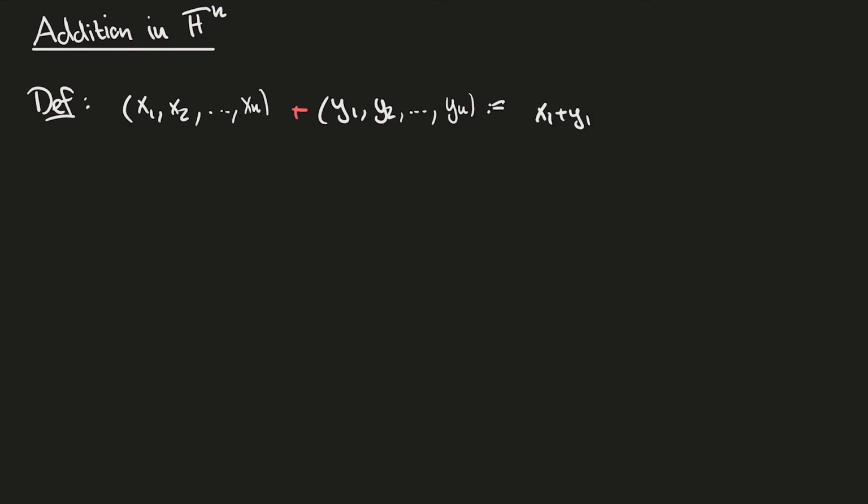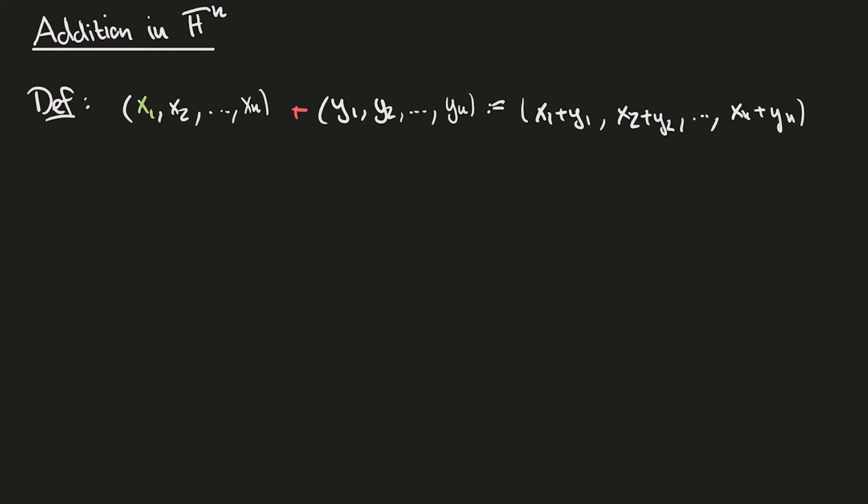This brings us to addition in F^n. So given two elements in F^n, so (x1, x2, up to xn) and (y1, y2, and so on up to yn), we can define their sum to be (x1 + y1, x2 + y2, and so on up to xn + yn).